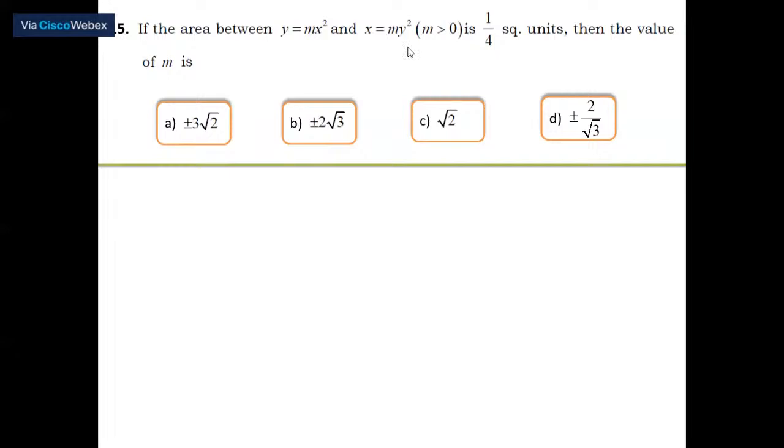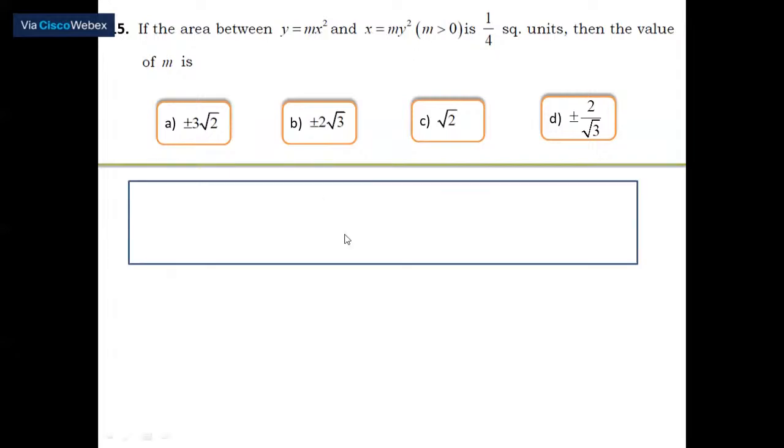Okay, here already the area between the parabolas y is equal to mx square and x is equal to my square is given for us, that is 1 by 4, and by using this value it is asked to find out the value of m.